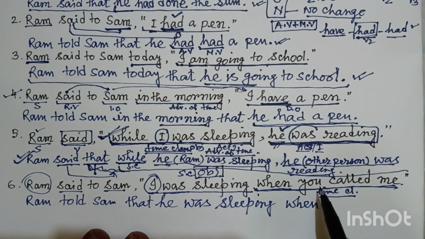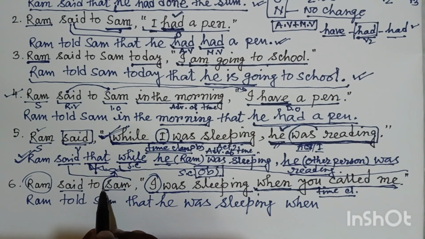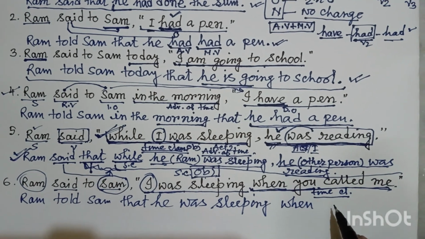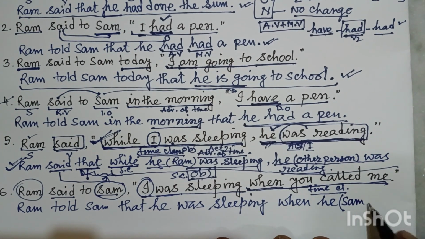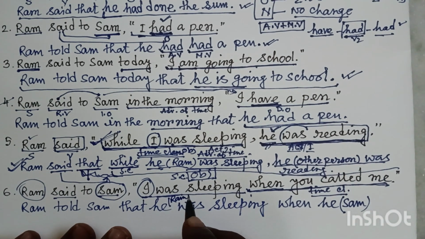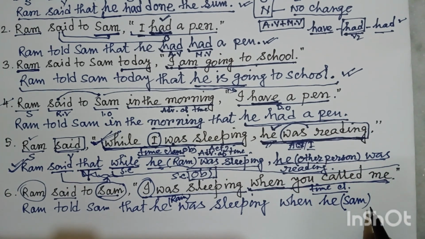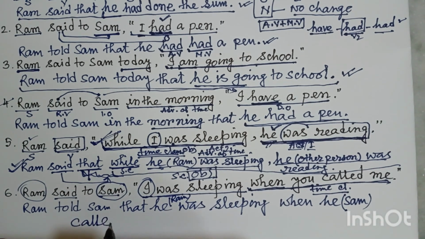Now friends, look at this. There is "you", second person, it will be changed according to object. That means Sam. So it will also be he. Now this he refers to Sam, and this he refers to Ram. So we have to write down here that he called me.